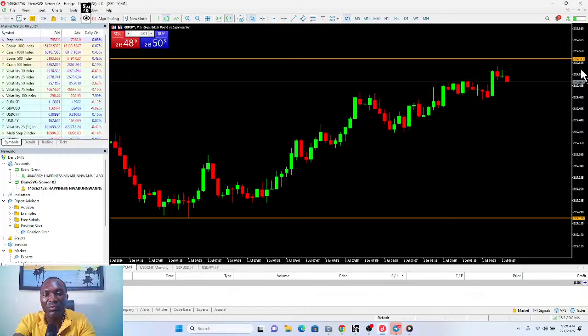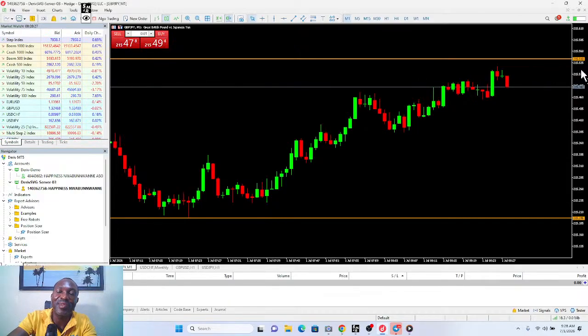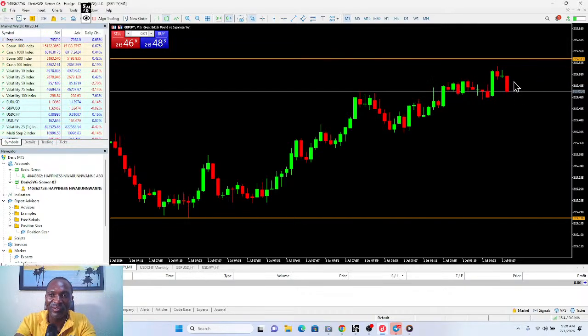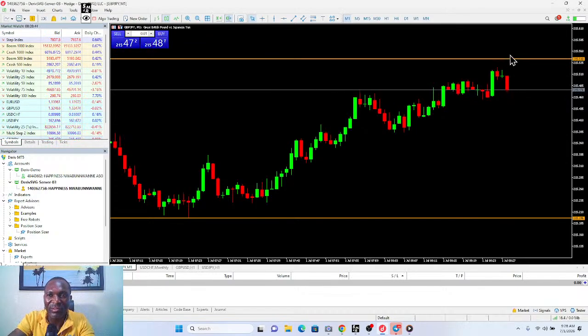We've not even been able to exhaust the trade. Let's see how the market plays out. This entry here is an aggressive entry. We've not gotten a confirmation. You enter when you see this red, put your stop loss here. I would have entered here.